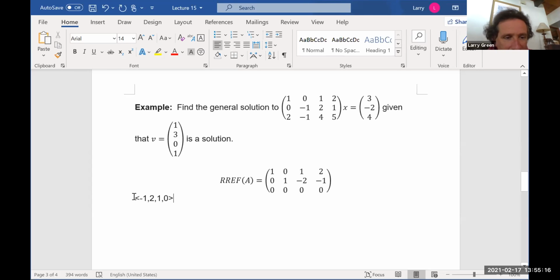I guess I need curly brackets because we got a basis. And maybe I'll write null or kernel of T is spanned by that first vector. And then we do the same idea, but now I'm going to let the second free variable be 1 and the first be 0.